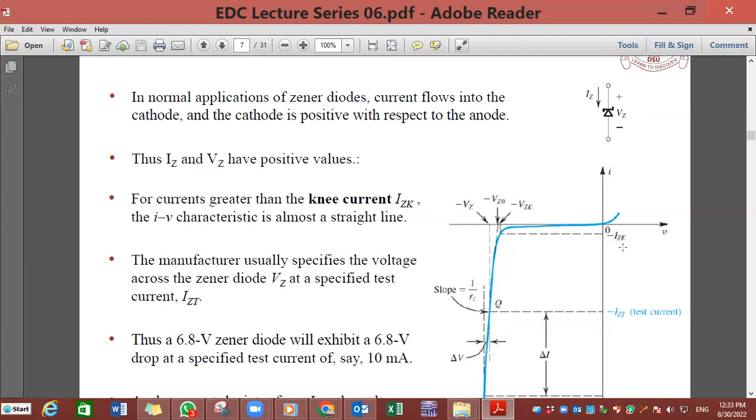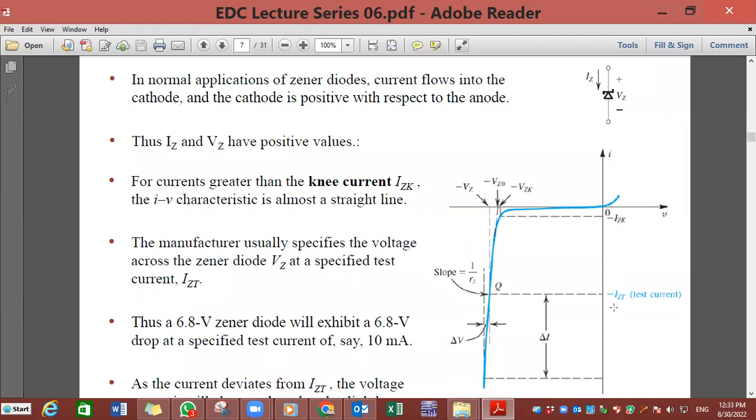So one point was this IZK, the minimum current, and the other is the IZT, because you see that this voltage is not constant and there is some slope in this VI characteristic of a diode. The voltage gets slightly higher as you increase the current from the IZK value to the maximum current.